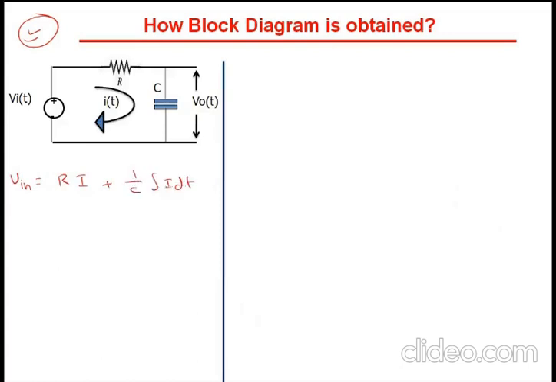Okay, now if you apply the Laplace transformation, rather than writing it that way, as we need to write in terms of V naught, to reduce the number of variables, I will write directly here V naught. So I can write V in is equal to R into I of t plus V naught.